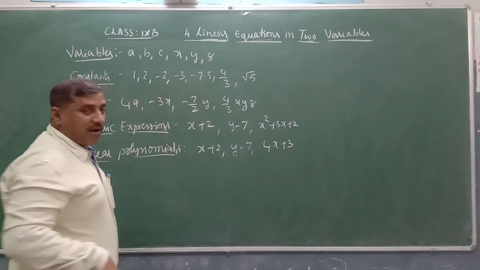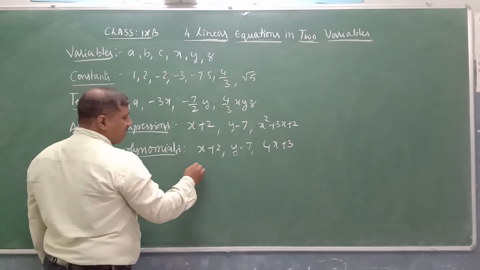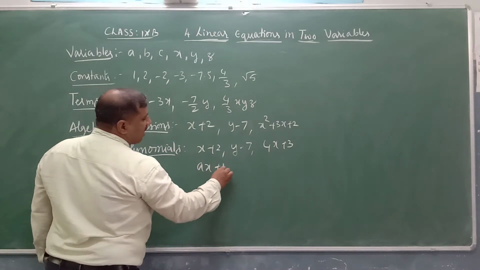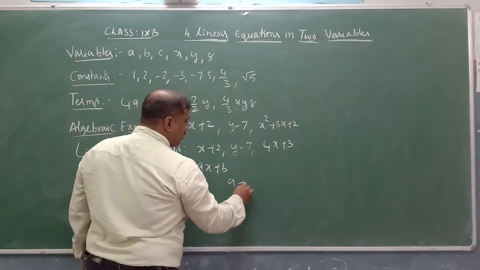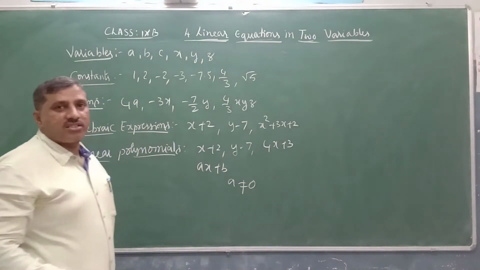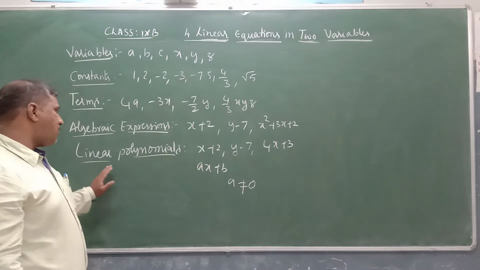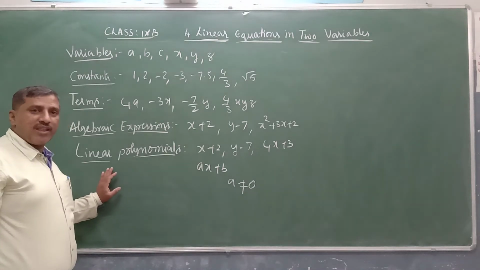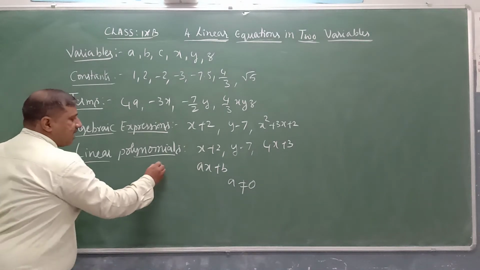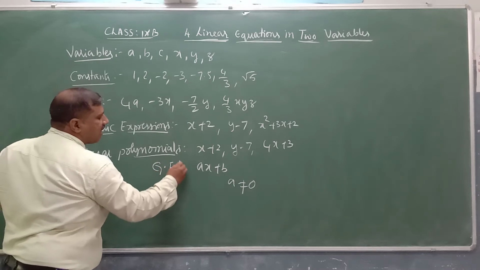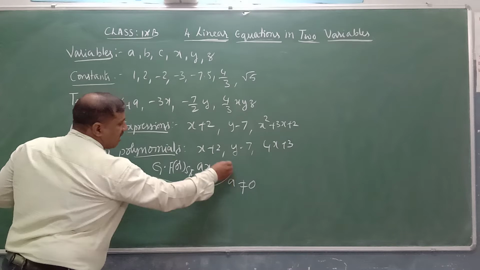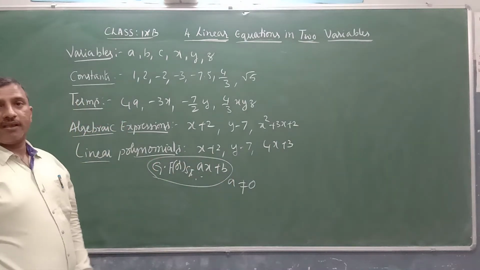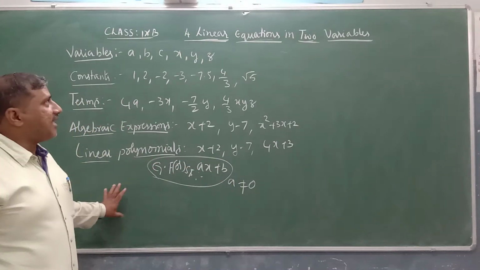The general form, or standard form, of a linear polynomial is ax plus b, where a is not equal to 0 and a, b belong to real numbers. That is about the linear polynomial.